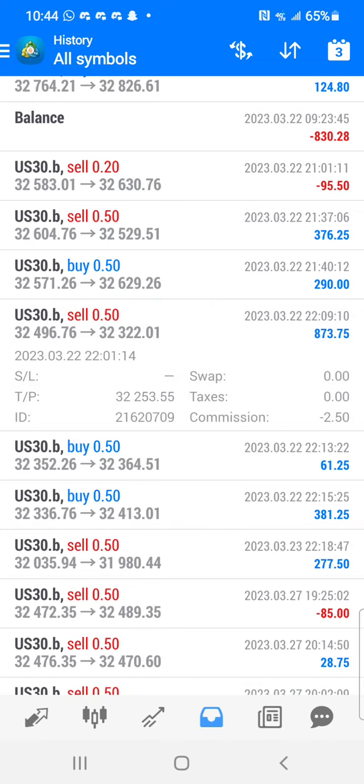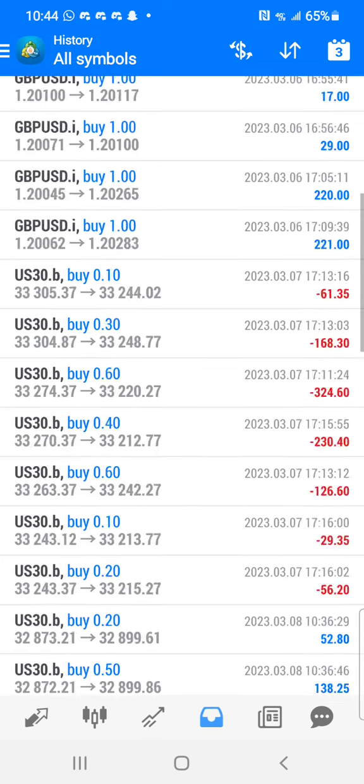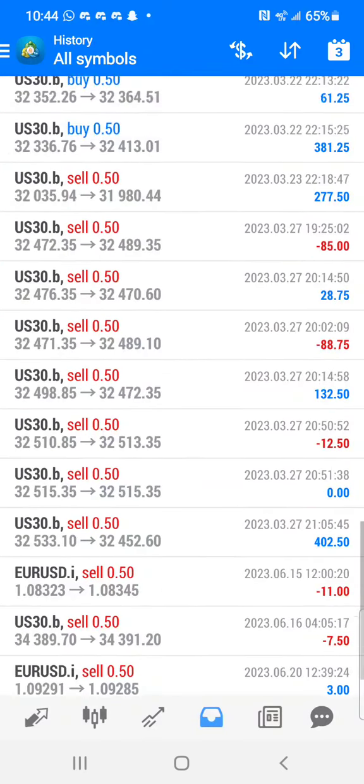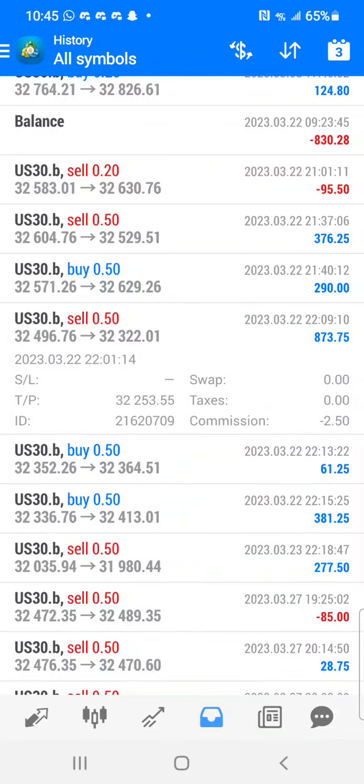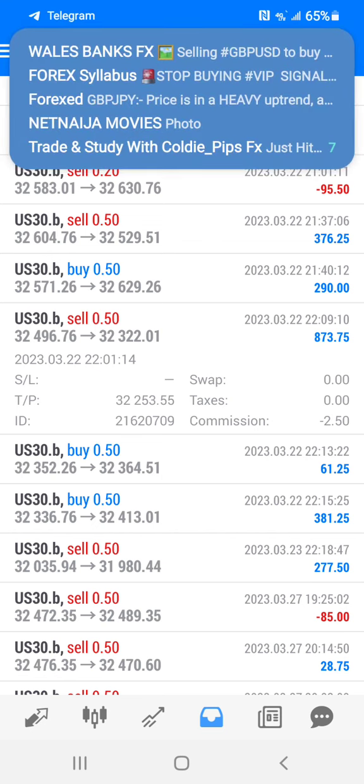This $800 trade is already a violation, because I made 1.6, and $873 is already more than 50% of 1.6. So what they are saying with that 50% rule is that there should not be a single trade on your history that made up to 50% of your total profit.